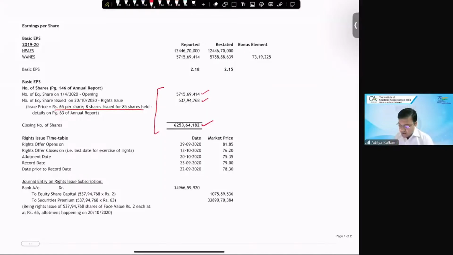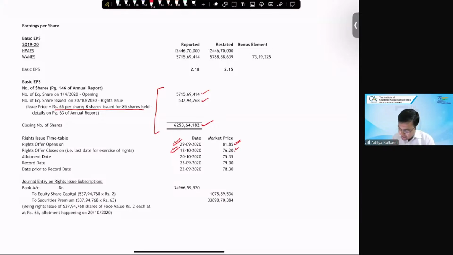So you come to this rights issue timetable. It opens on 29th September and it closes on 13th October. So your market price is 81.85 on 29th September. This is actually taken from the stock exchange prices of this particular company. You can go and check if you want.